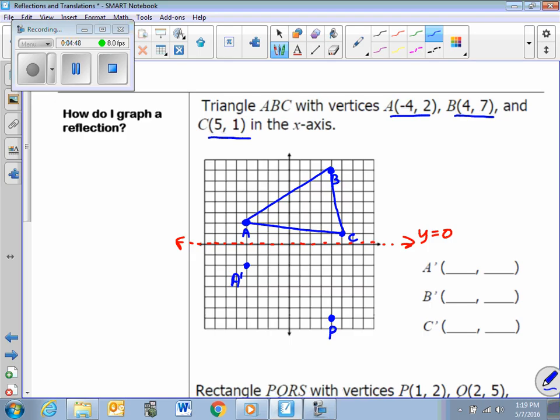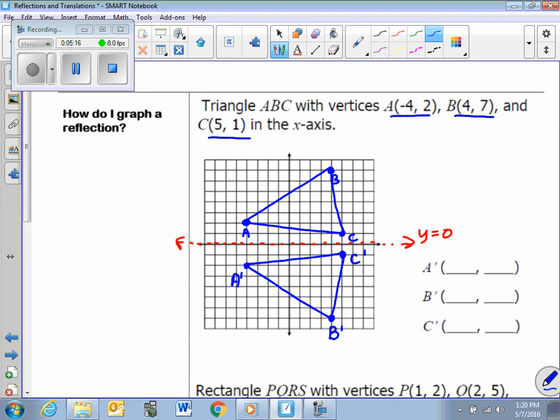And we call our image points prime of whatever the pre-image point was labeled. And C is 1 unit above the x-axis, so it's going to come down here 1 unit below the x-axis. I'll sketch this new triangle in. And we will see that if I folded my paper right there along the x-axis, both of those figures would be right on top of each other.